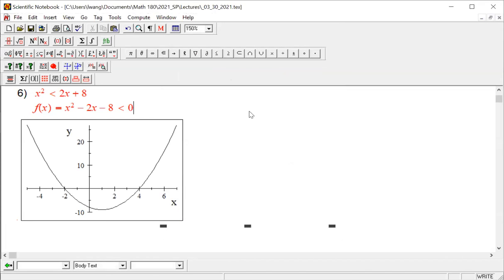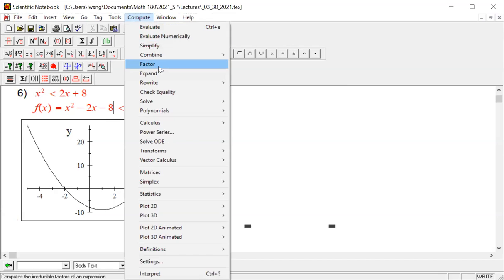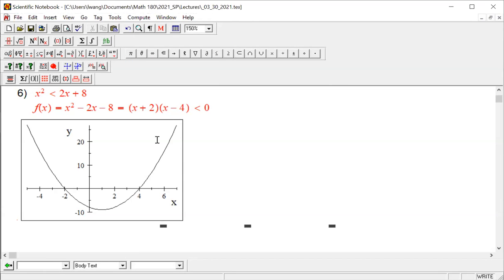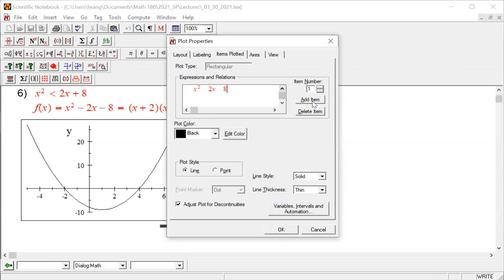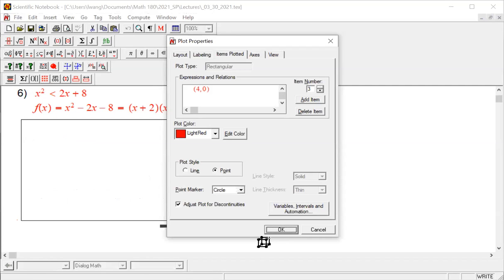Okay, and of course we have identified the points of intersection, right? So these 2 points will be identified along the way. One is negative 2, 0, and this has to be a circle. And the next one is 4, 0, and that's also going to be a circle, yeah?